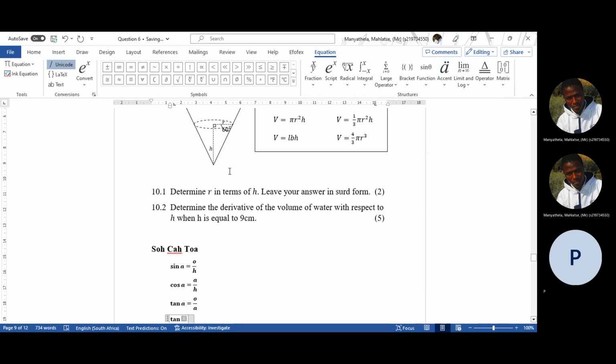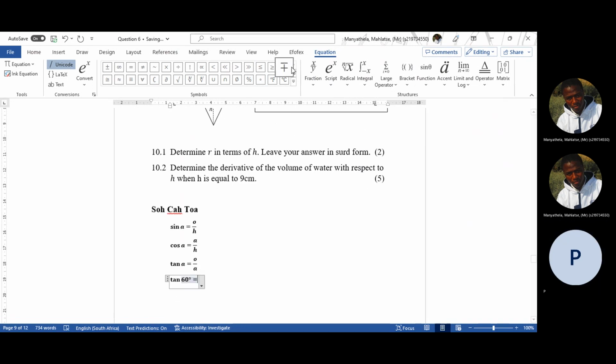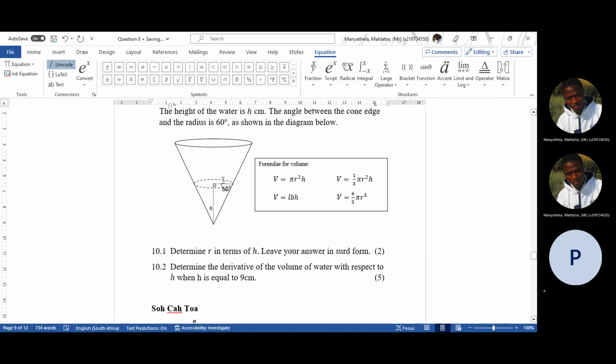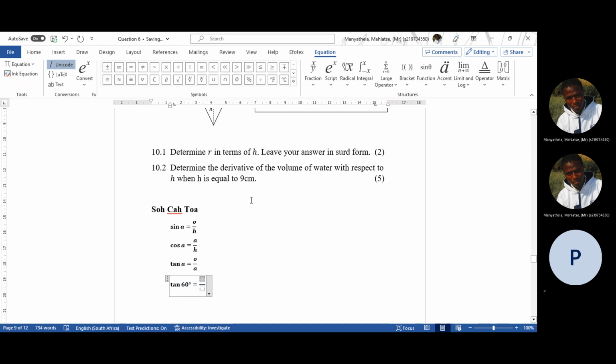Tan of angle 60 degrees is equal to adjacent over opposite. Our adjacent side is R. The opposite side is H.